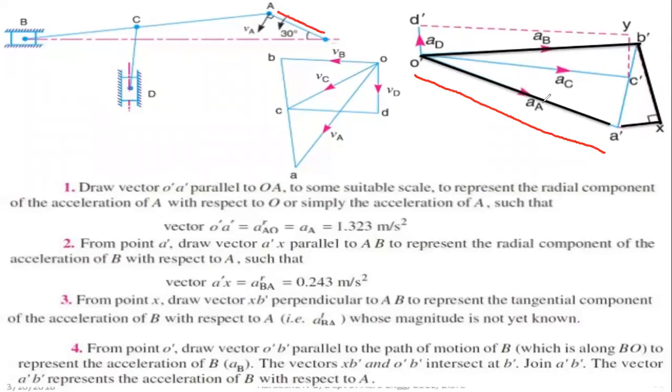Therefore, representing the radial component of the acceleration of A with respect to O, I am taking the vector O dash A dash, that is the radial component of the acceleration AO.